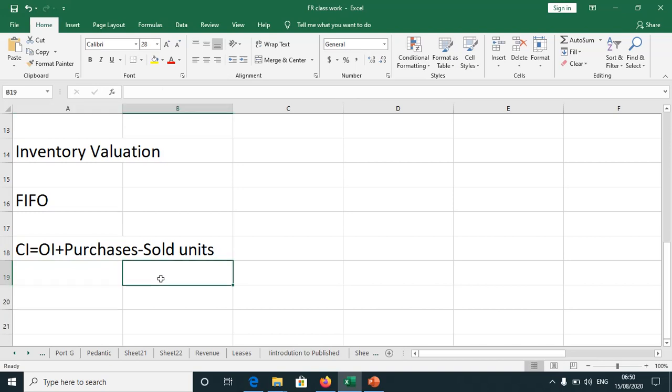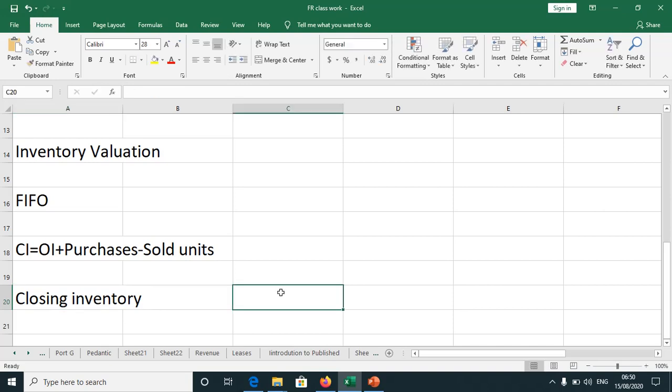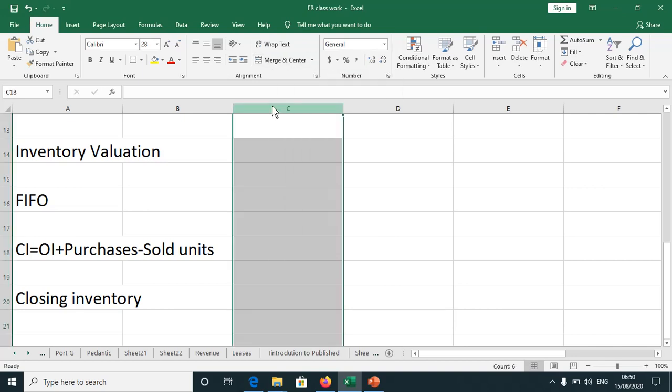Okay, so let us try to work out something here. So closing inventory, therefore, in this case will be equal to, and please follow what I'm going to do, initially we had 700 engines. Let me just try to clear this.